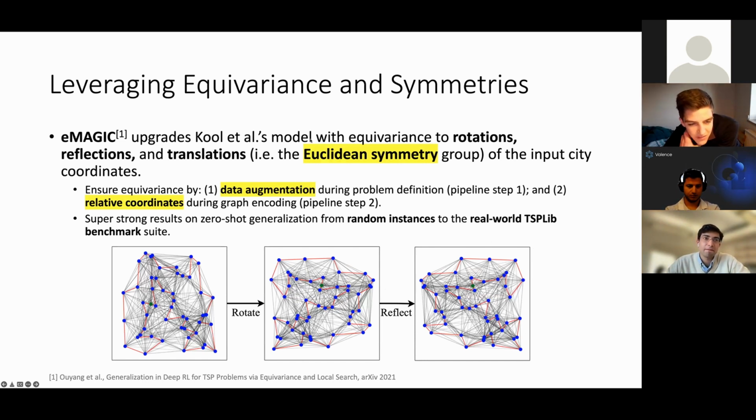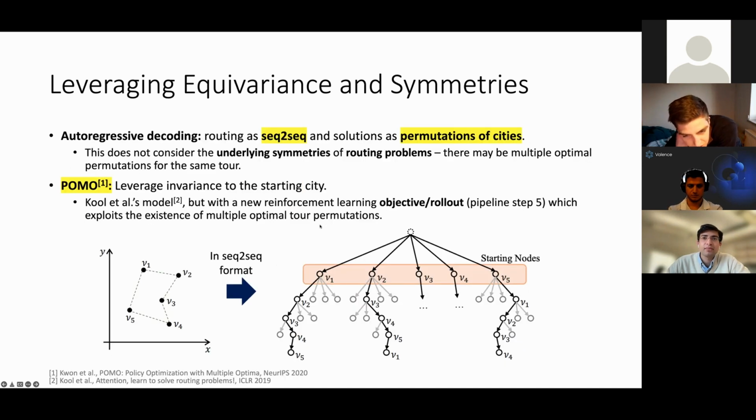Can I interrupt again? How does this work? Yeah. In reinforcement learning, when you're doing policy gradient, you're usually computing rollouts for your model. You always want to penalize your model for being worse than it previously was, and reward it for being better than it previously was.